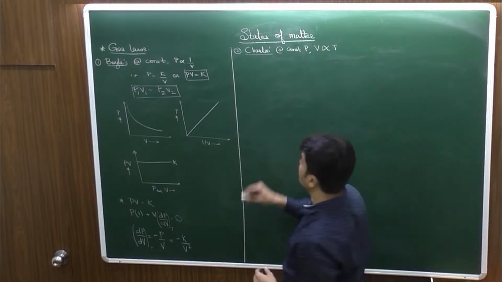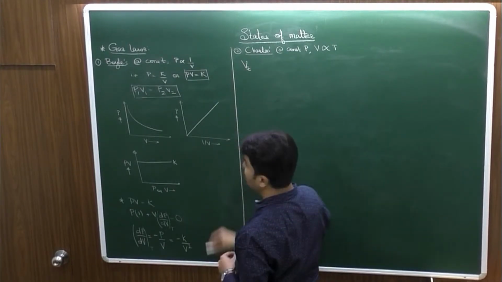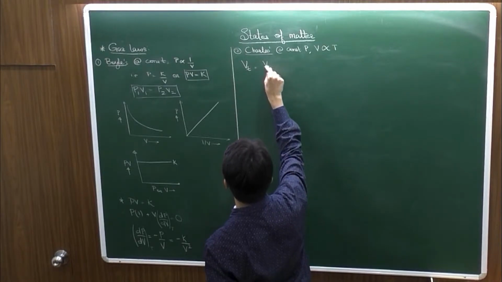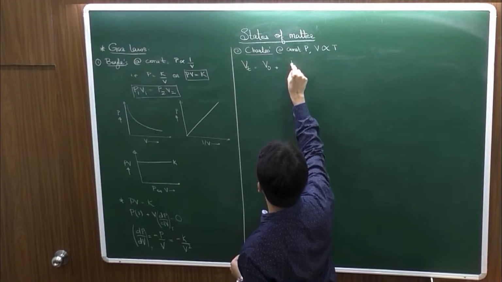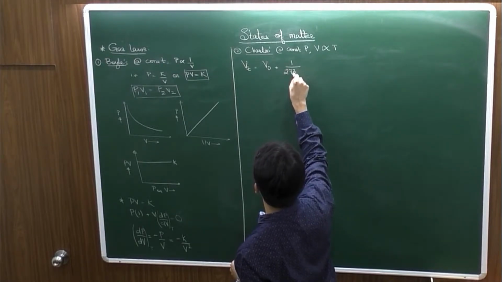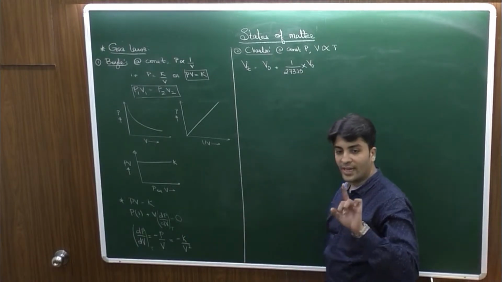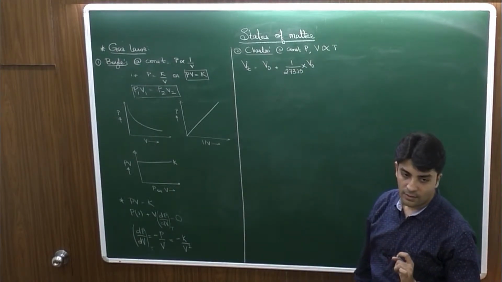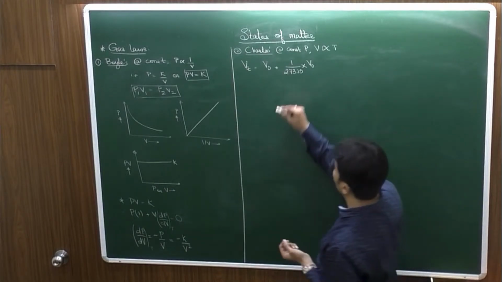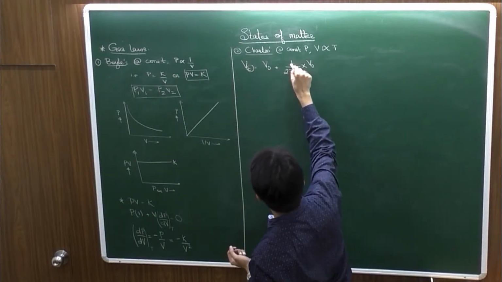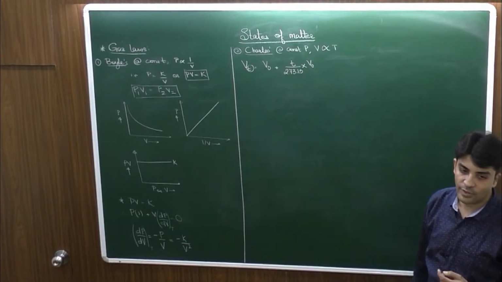So the expression related with that is: volume at a temperature T degrees Celsius is equal to the original volume at 0 degrees Celsius, that's V naught, plus the increase, which is 1 upon 273.15 times V naught, but this was for every degree rise or decrease in temperature. So here for a T degree Celsius temperature, it will be T upon 273.15 into V naught.